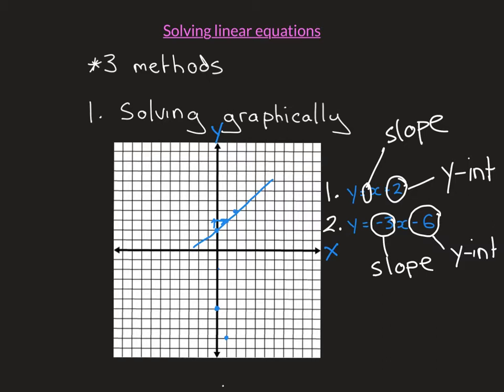So we're going to need to extend both of our lines so that we can see where they intersect. Our top line here, we're going to have points going down in a trend like this. And this second line that we've drawn, if we want to draw the next point up, we're going to go up like this.